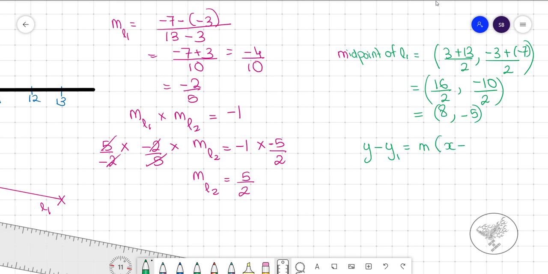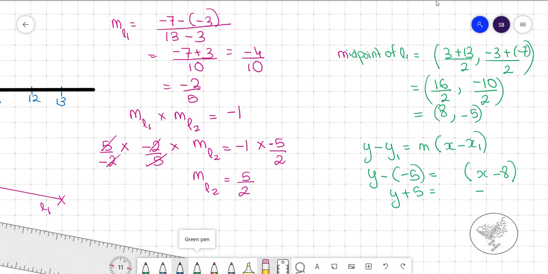Y minus y1 is equal to m into x minus x1. Y plus 5 is equal to 5 over 2 into x minus 8, the gradient here is 5 over 2.